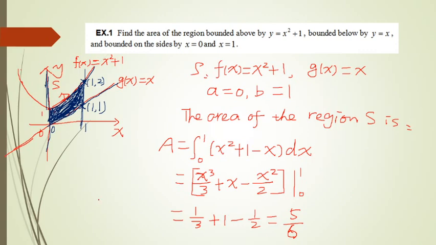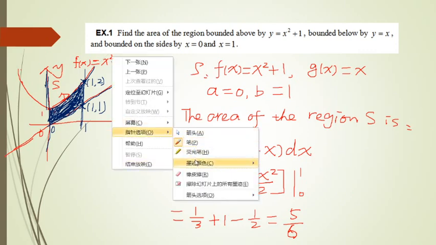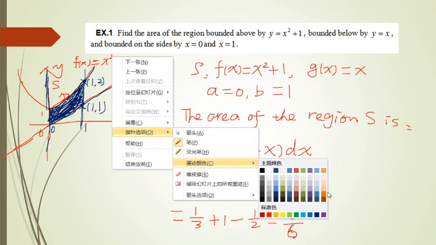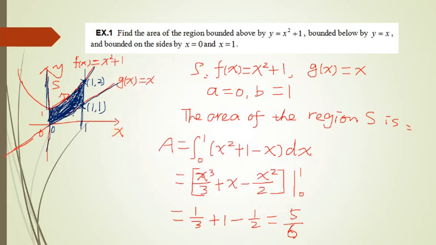Now for this question again, let me write it in this card. So actually we can take the function f, which is the greater one, as y_T, which we call the top curve, the top function.